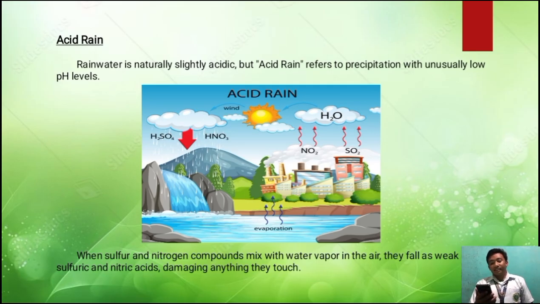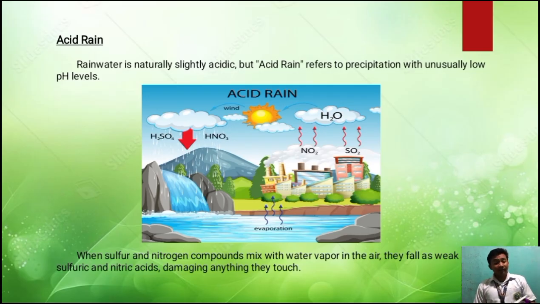Rainwater is naturally slightly acidic, but acid rain refers to precipitation with unusually low pH levels. When sulfur and nitrogen compounds mix with water vapor in the air, they fall as weak sulfuric and nitric acid, damaging anything they touch.